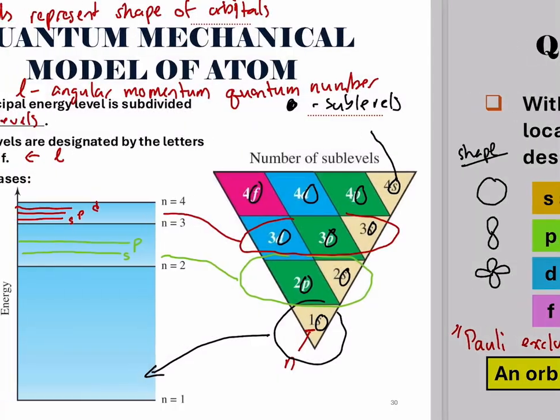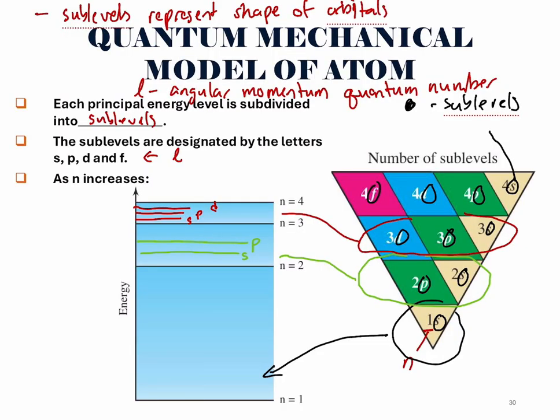And so if we go back to this slide right here, we see that within each principal level, the same sublevels show up, right? So in the first principal energy level, n equals 1, there's an S level there. That S level looks like a sphere. That's the only one there. Then we go up to the second principal energy level.